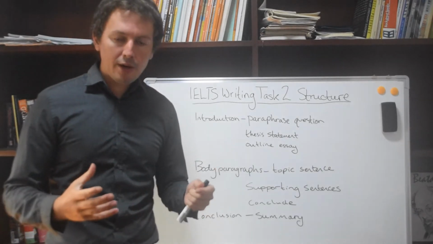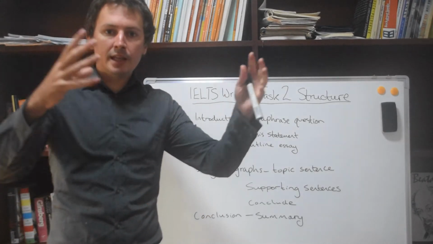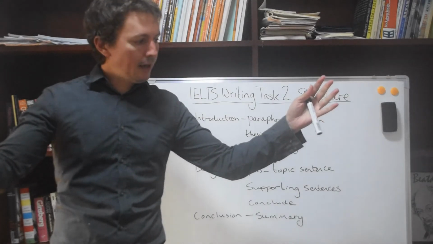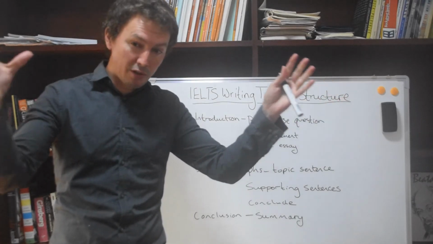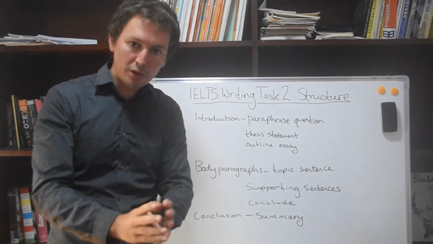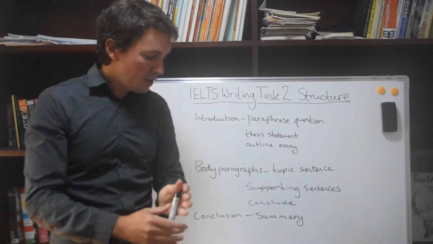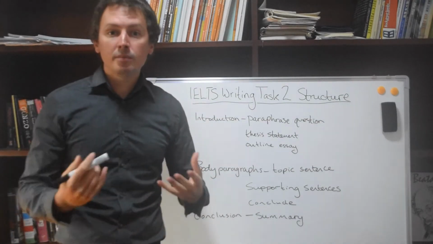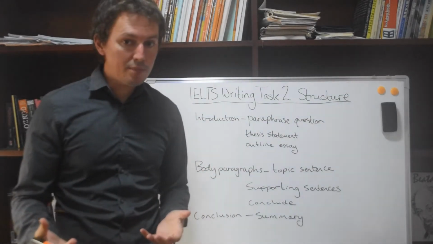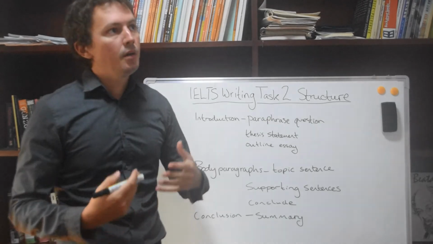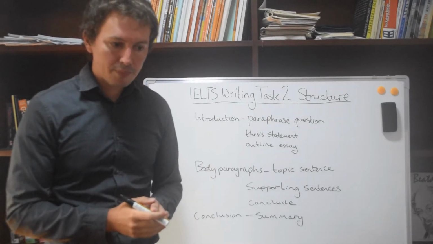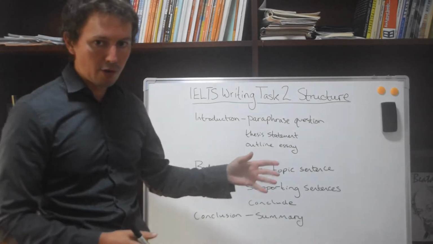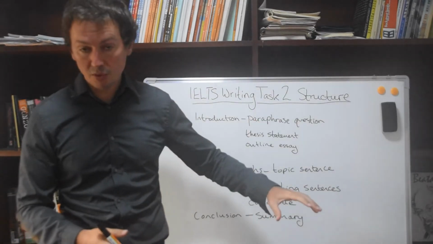In the body paragraphs, your topic sentence is going to contain a big idea, and your next supporting sentences are going to focus that idea on a smaller and smaller point. You're going to do this for both body paragraphs. Now, as I said, there are going to be differences between the question types. If you're talking about problems and solutions, maybe you have one paragraph devoted to problems and one to solutions.